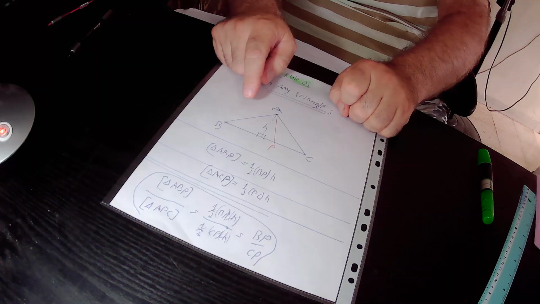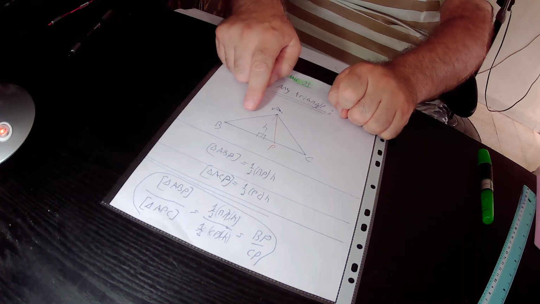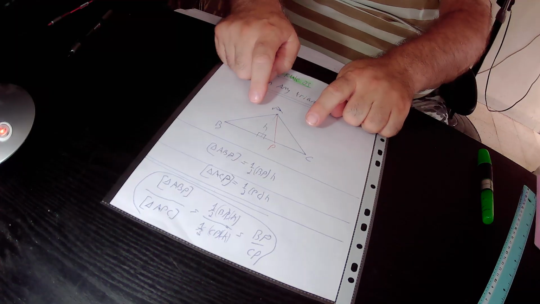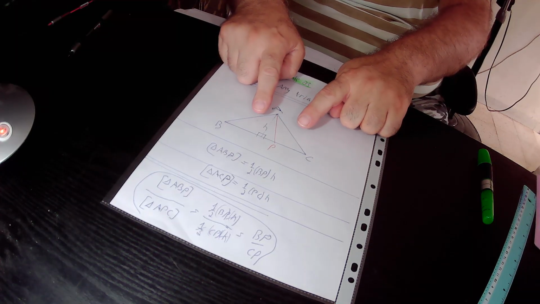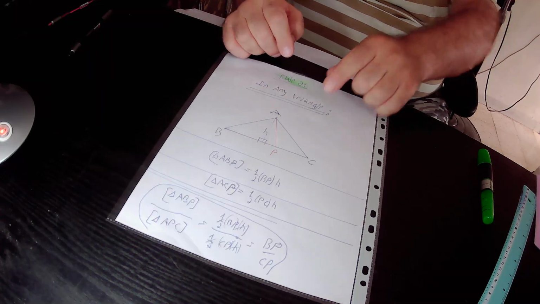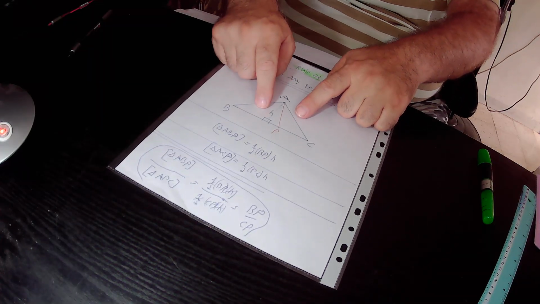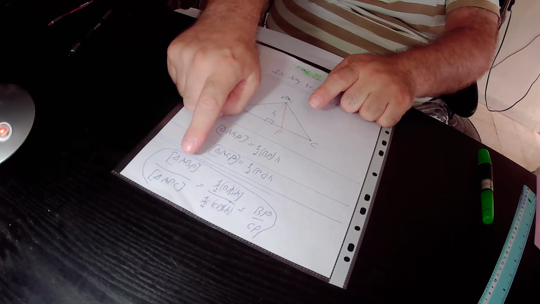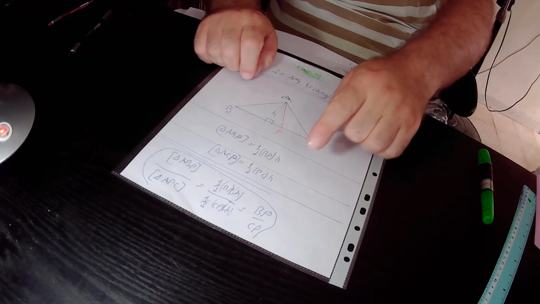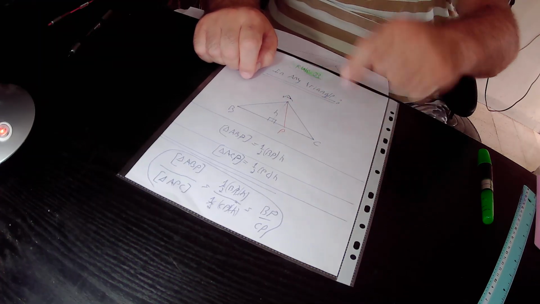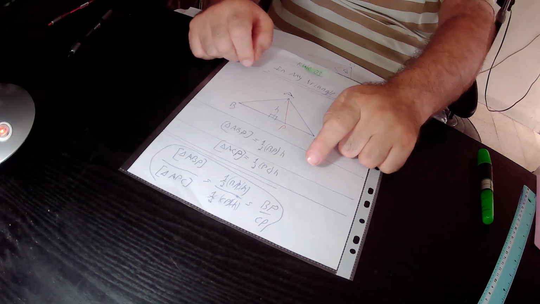The base of this triangle ABP is BP, and the base of this triangle APC is PC. And the ratio between their corresponding bases is of course BP over PC. So in total, the area of triangle ABP over the area of triangle APC is equal to BP over PC. So why is this equation true?